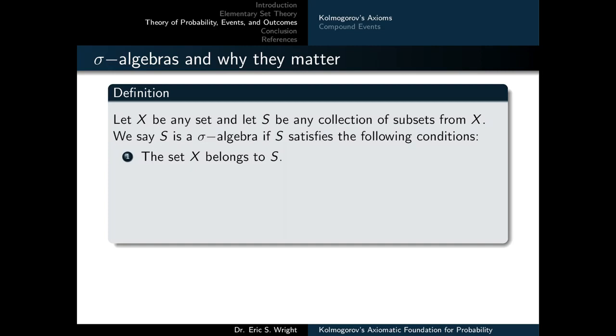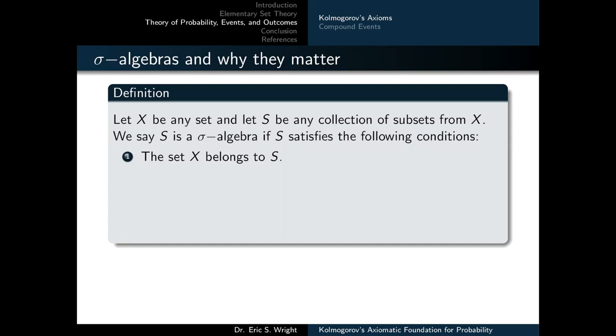A sigma algebra is really a balancing act in the context of a probability space. On one hand, you don't want to choose S to be so narrow that it doesn't contain enough events to describe the situation that you're modeling.